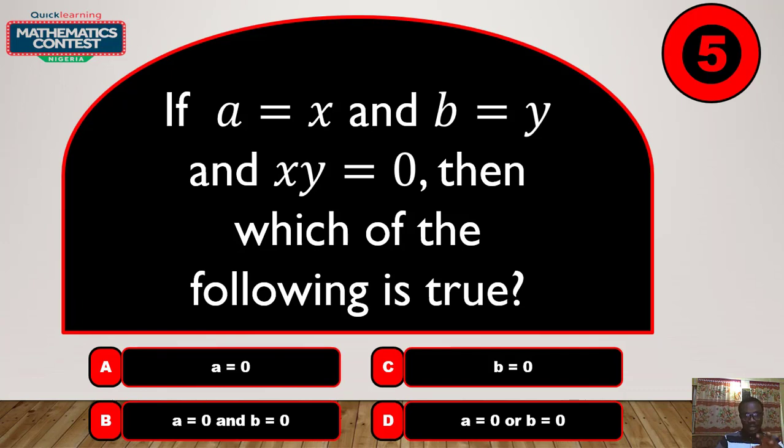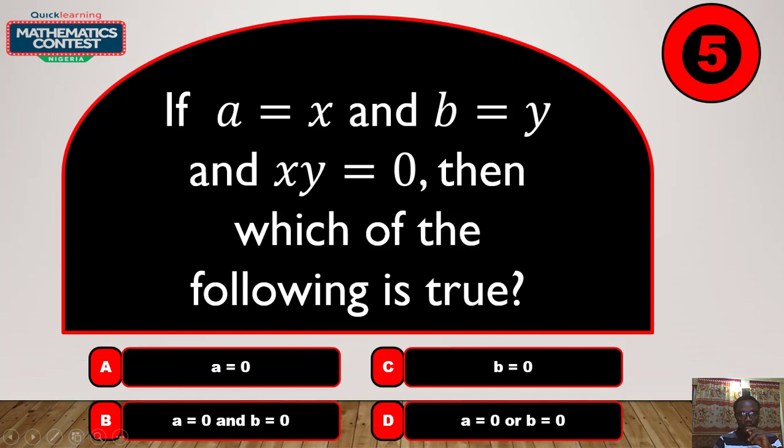Now let's look at it together. If a equals x and b equals y and xy equals 0, which of these is true? If we say a equals 0, let's observe something. If a equals 0, it means x is equal to 0. But we don't know the value of b and y.